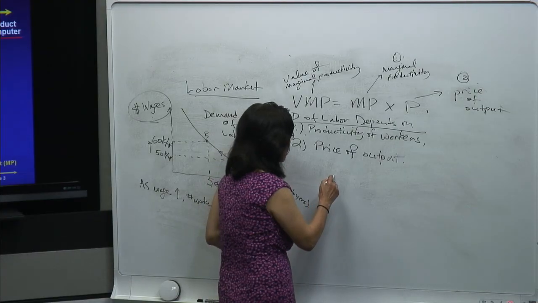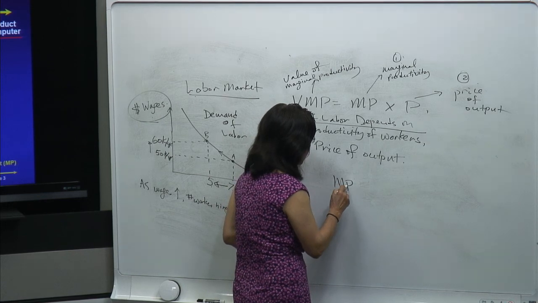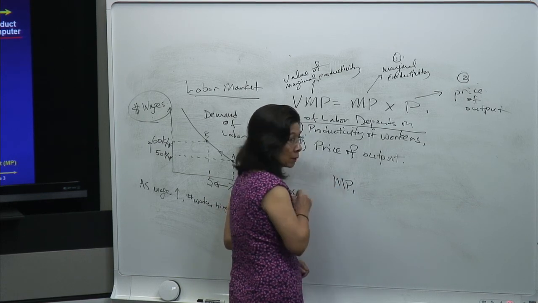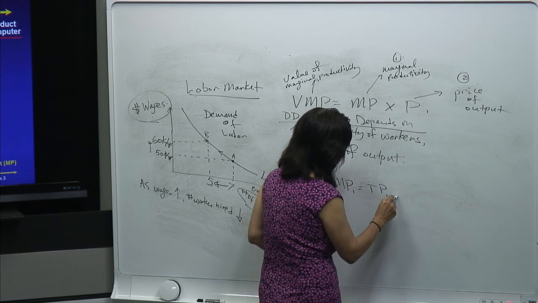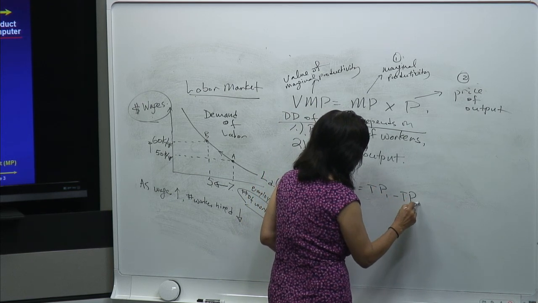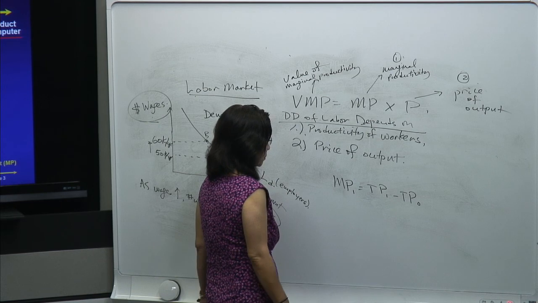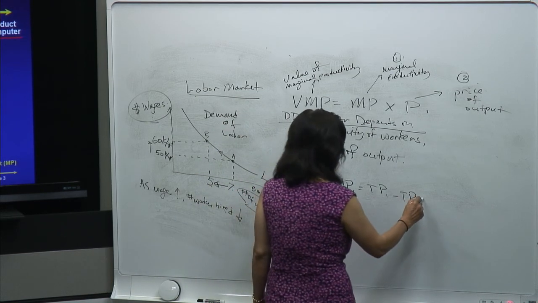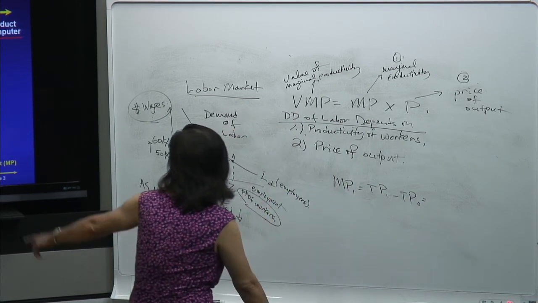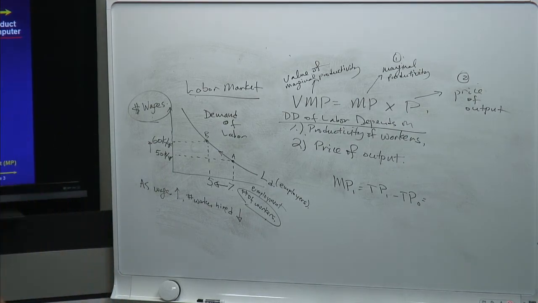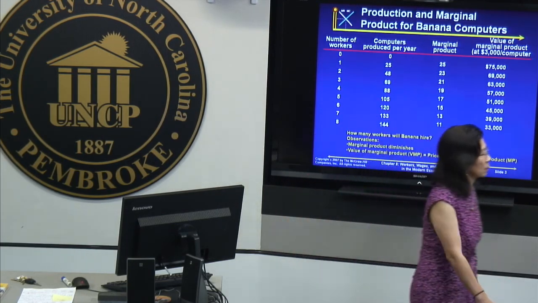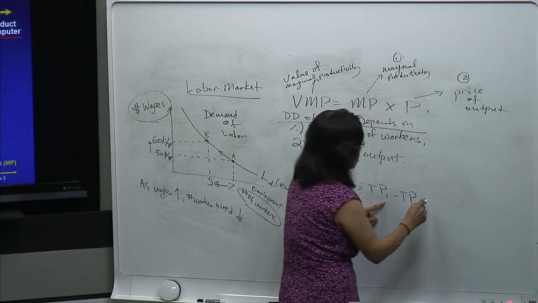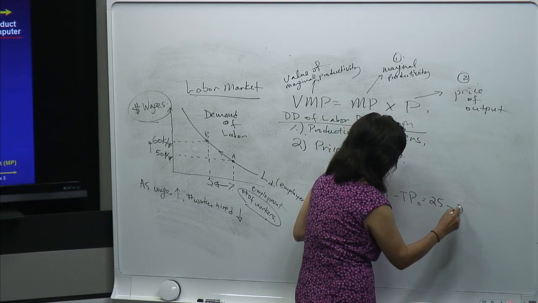To calculate the marginal productivity of the first worker, you take the total productivity of 1 worker minus the total productivity of 0 workers. When you hire 1 worker, they produce 25, so TP1 is 25, and TP0 is 0.